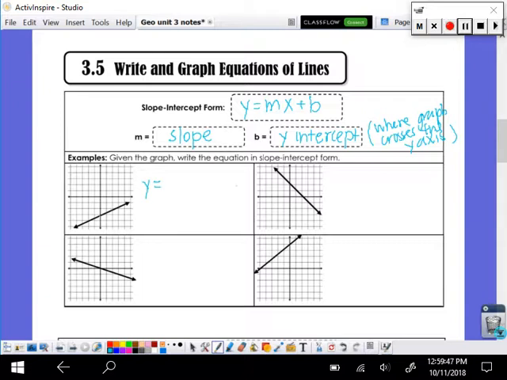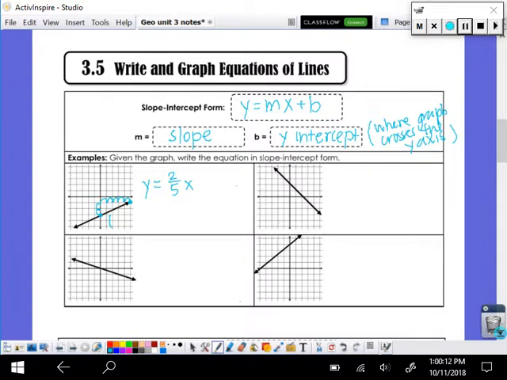Let's choose points. I always like to choose my y-intercept and then go from there. So it looks like the next place where it's going to cross perfectly is at the end of that line, going up 2 and to the right, 1, 2, 3, 4, 5. So my slope will be 2 over 5. We've got an x plus b, so my y-intercept is this point down here.